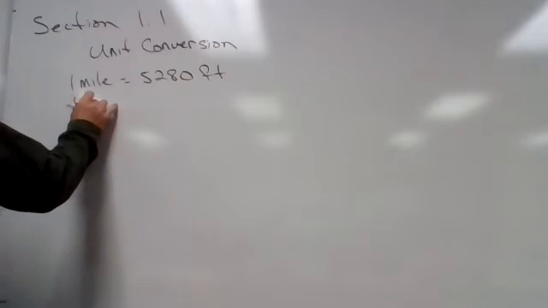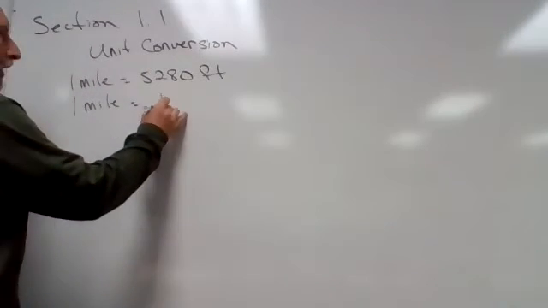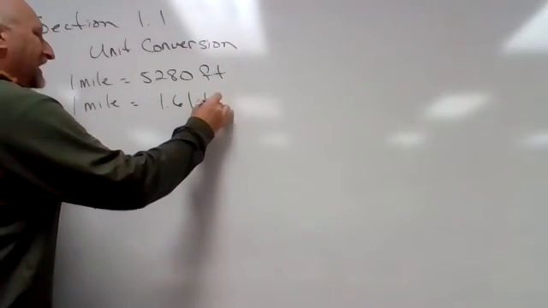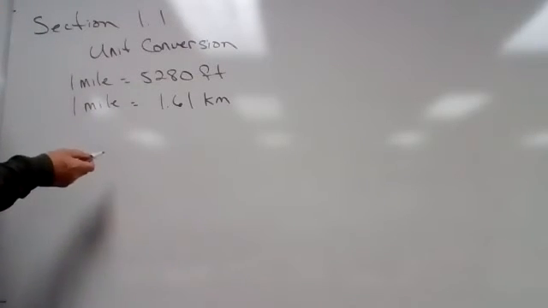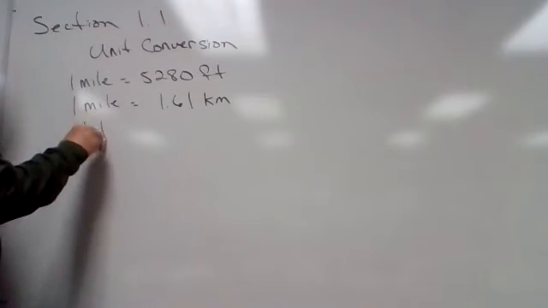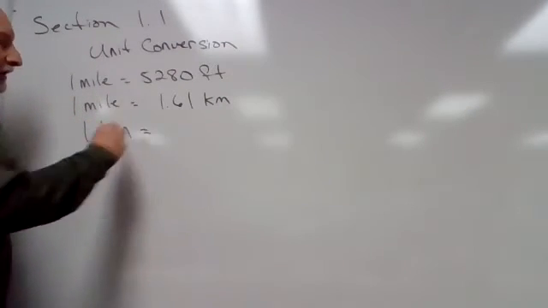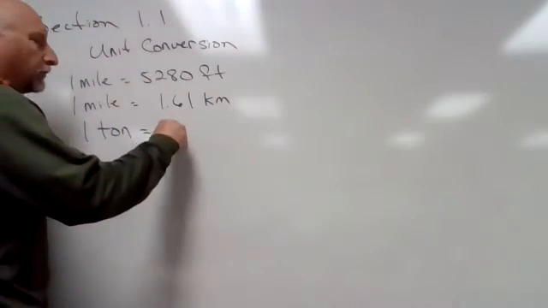Also, we don't do this very often, but 1 mile is also 1.61 kilometers. Not too often you convert miles to kilometers, but that's going to be a unit conversion that you're going to want to know. I found out that many people don't know this, which is kind of weird to me, but we have a unit of measurement called a ton, and that's 2,000 pounds.